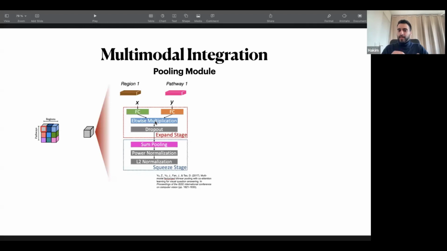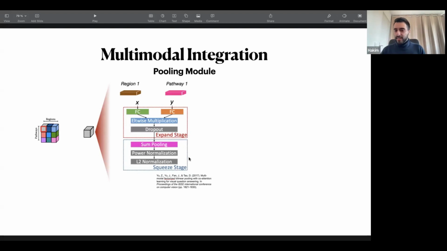Then there's an element-wise multiplication followed by dropout. This is the expand stage of the pooling module. Then for the squeeze stage, we have just the sum pooling, then two normalization networks.